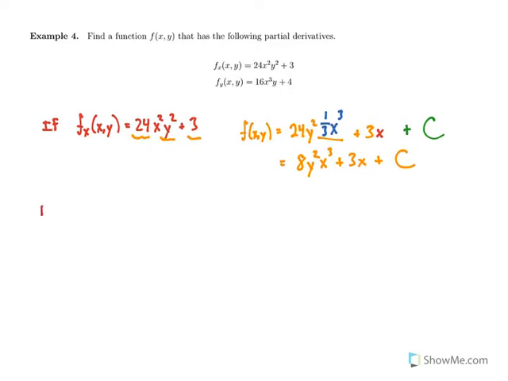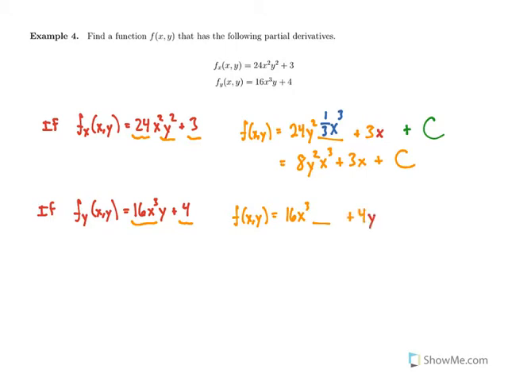And let's do the same thing with the partial with respect to y. So here our constants are this 4 and this 16x cubed. So when we find our original function, we find the antiderivative. We know that that's going to come along for the ride, the 16x cubed times something, and then the 4 times something.